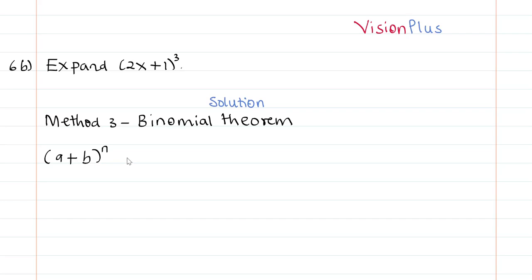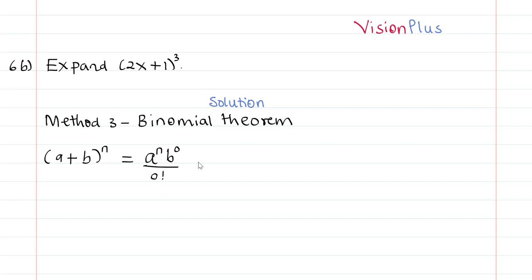binomial theorem says that the expansion of this becomes a to power n. That means here b is to power 0, and the first term is over 0 factorial.